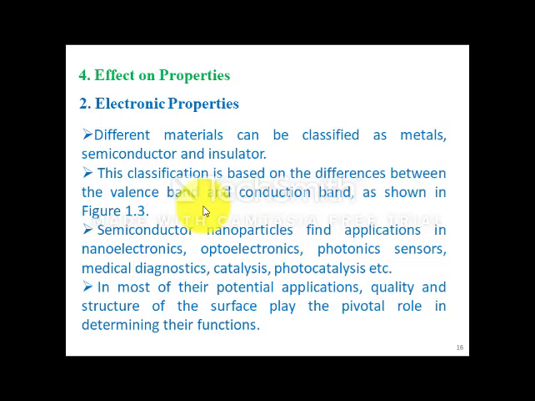Semiconductor nanoparticles find applications in nanoelectronics, optoelectronics, photonics as sensors, medical diagnostics, catalysis and photocatalysis. The semiconductors are mostly grown in nano scale size.